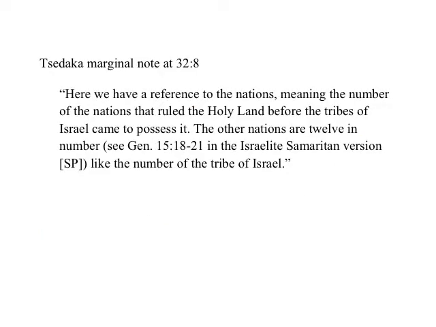The English translation of the Samaritan Pentateuch, it's also not really a critical edition, but it is very accessible. And there's a marginal note at Deuteronomy 32:8, and there's other kinds of notes throughout the text.